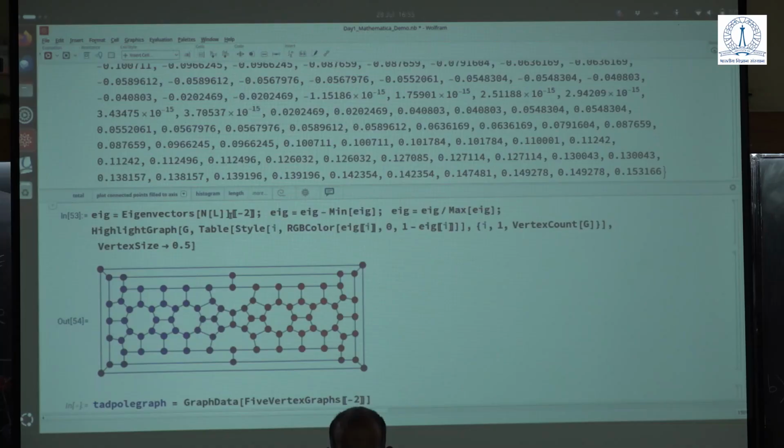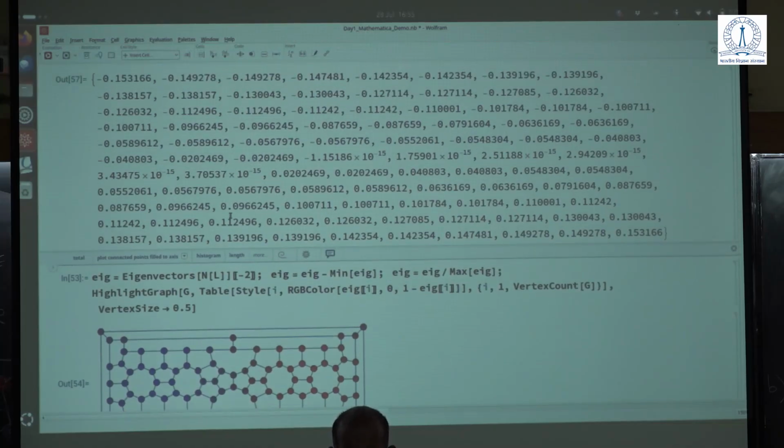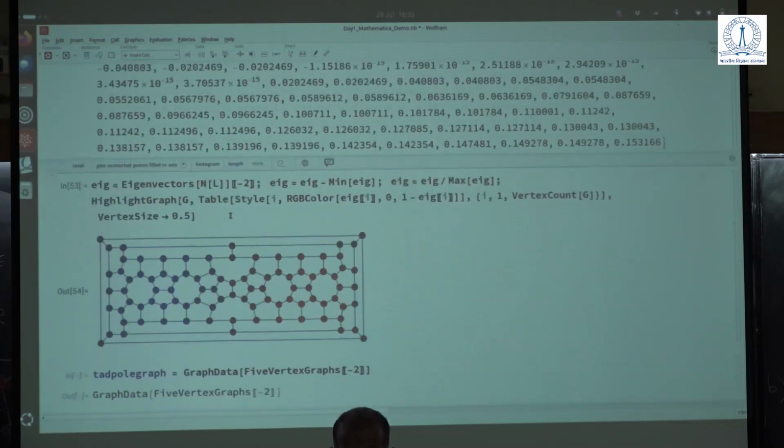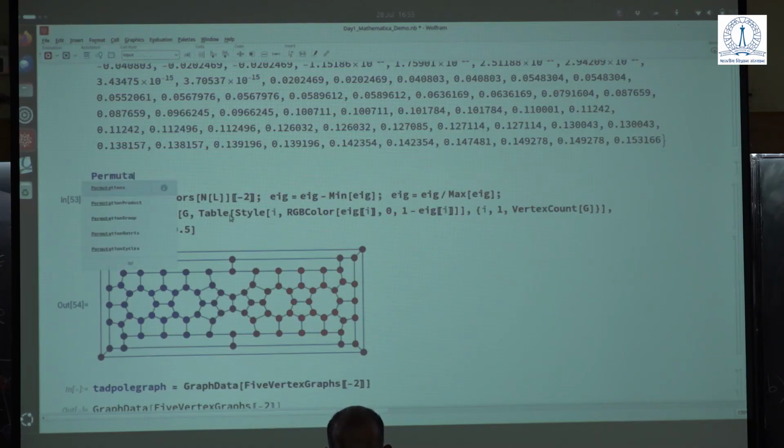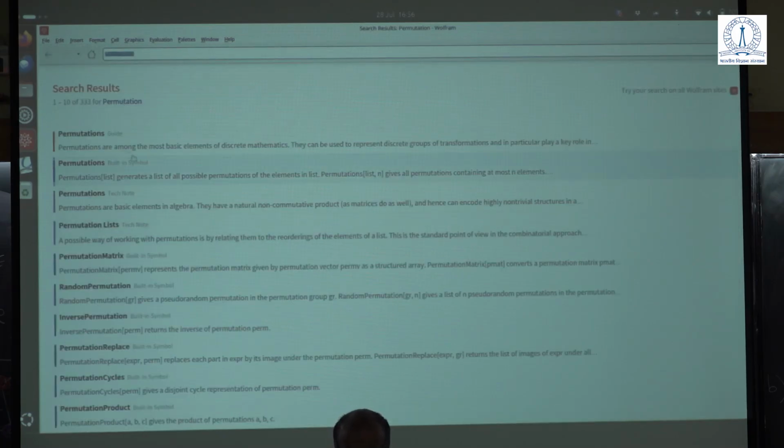But this mathematics I can do. I think if I do permutation, the only thing, here.